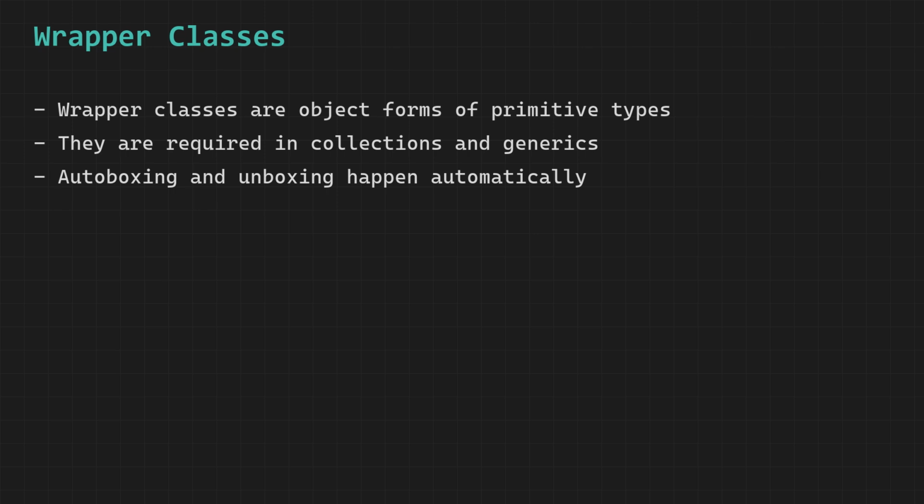Wrapper classes solve this by wrapping each primitive inside a full Java object. Each primitive has a corresponding wrapper class: Byte, Short, Integer, Long, Float, Double, Character, Boolean. Notice that most are just the capitalized version of the primitive name, except int, Integer, and char, Character.